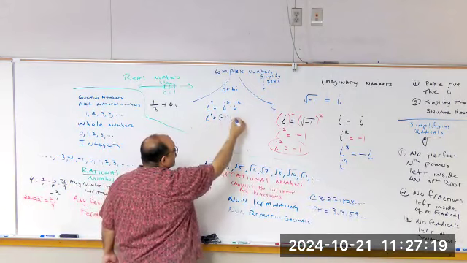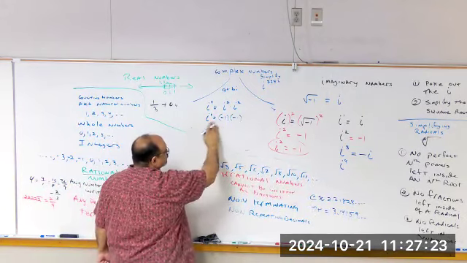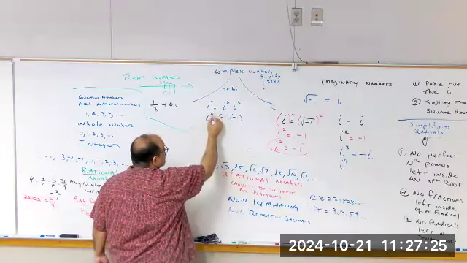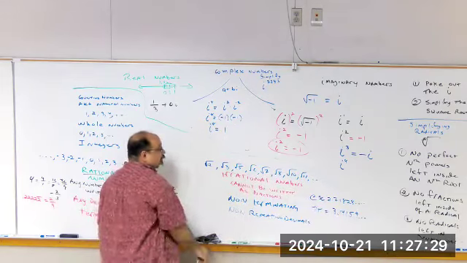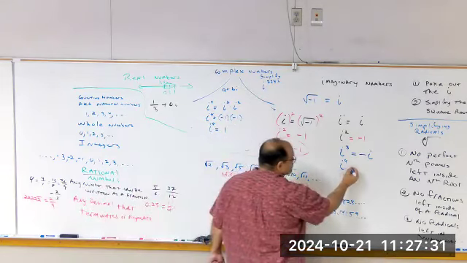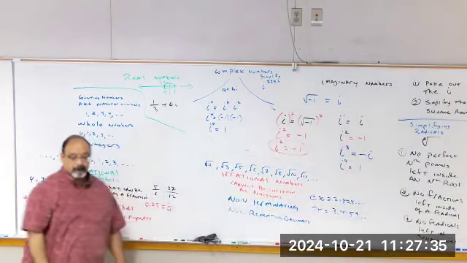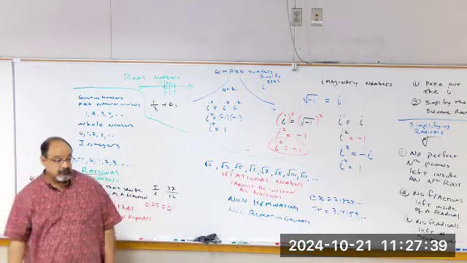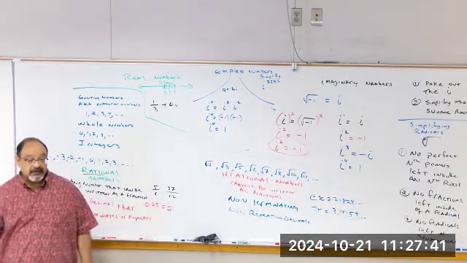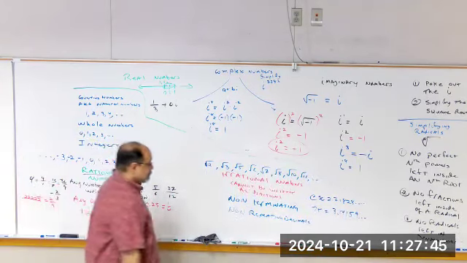That's a -1, and that's a -1. What's -1 times -1? +1. So i to the fourth is always going to equal +1. i to the first is just i. i to the second is -1. i to the third is -i. i to the fourth is +1.